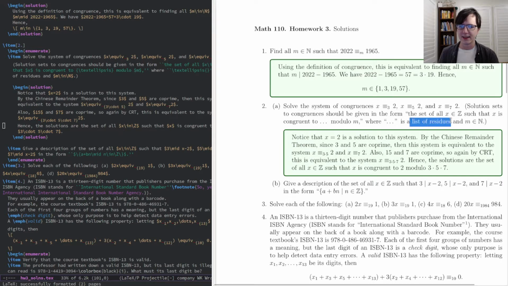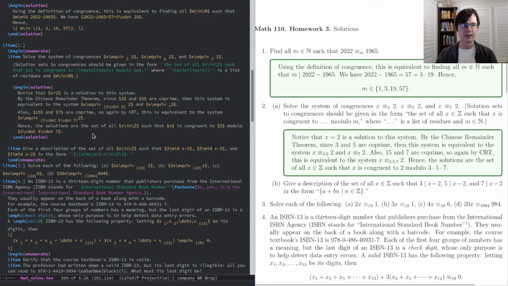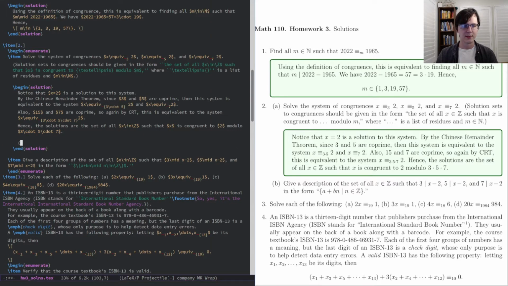Also, the reason it says a list of residues, I'll put this in parentheses.